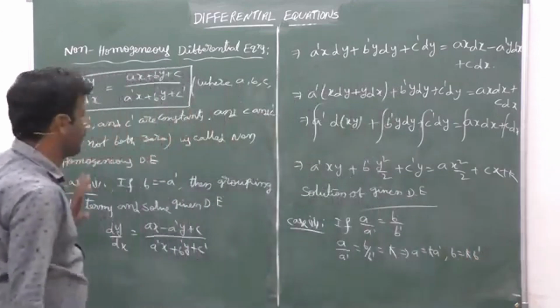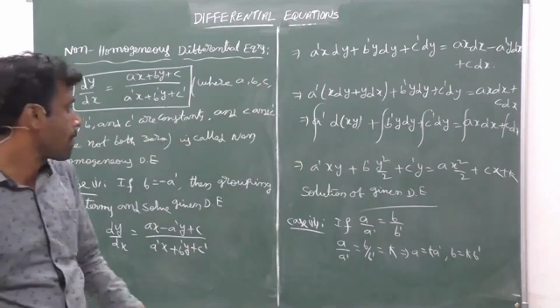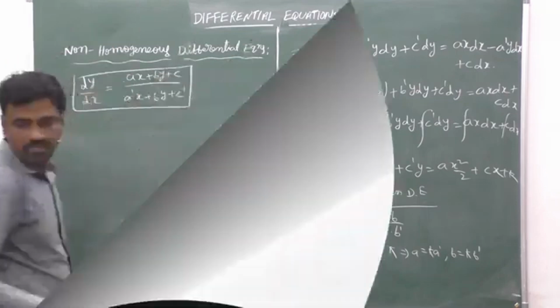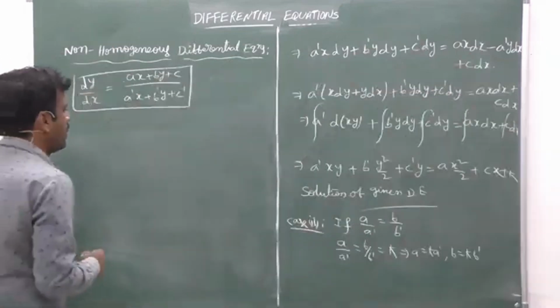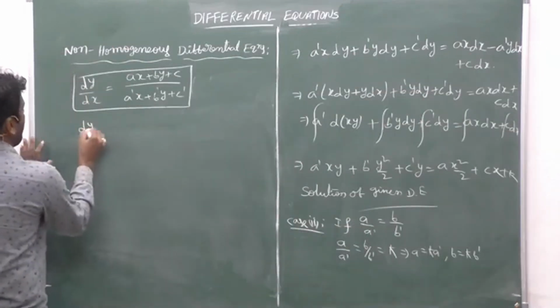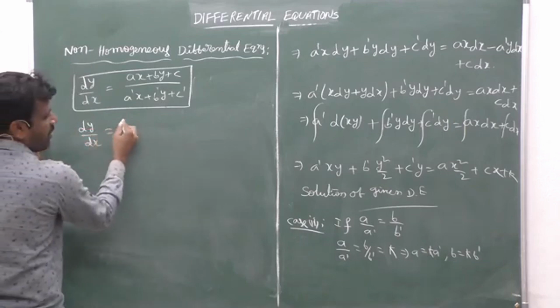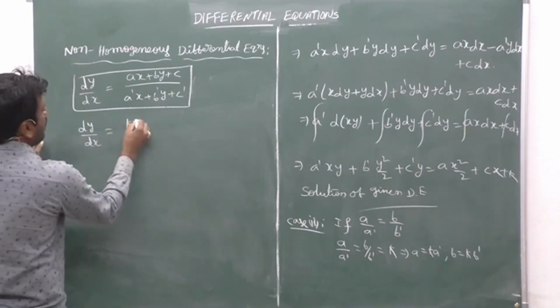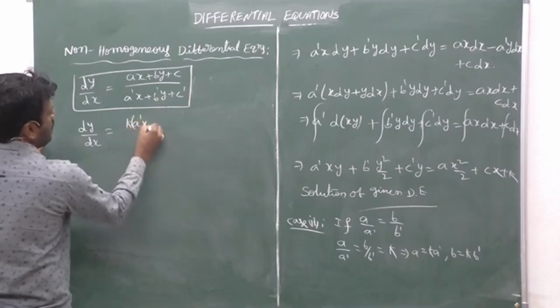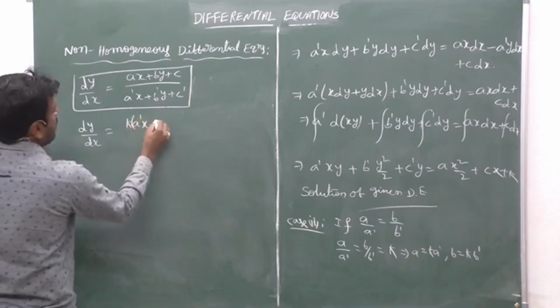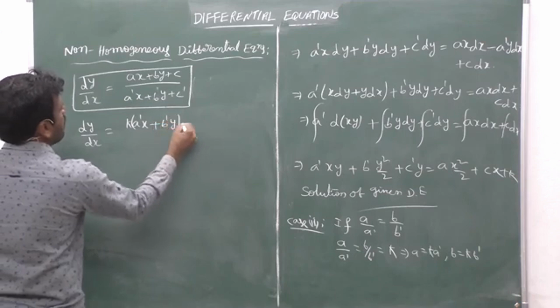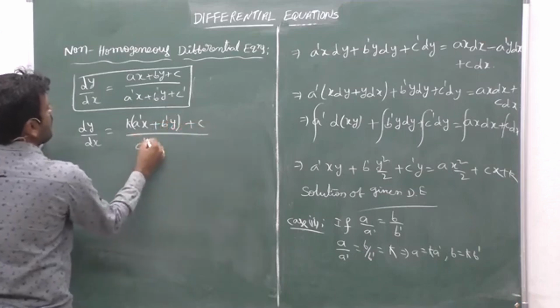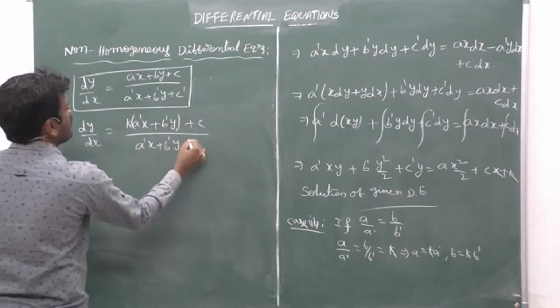Substitute in given equation we get dy by dx equal to (k a dash x plus k b dash y plus c) by (a dash x plus b dash y plus c dash).